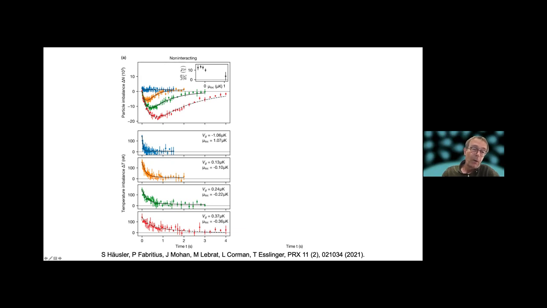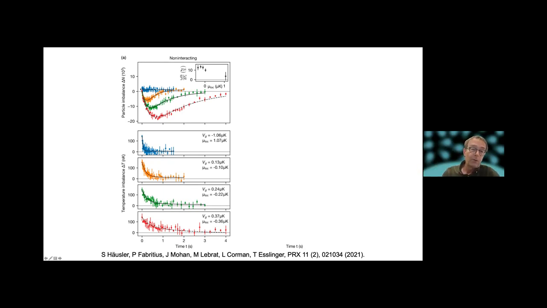And then we also see a strong particle response, a particle flow, and that will be a flow from hot to cold, and then it will equilibrate over time. And when we open up the channel, lowering the gate potential, then we get faster and faster equilibration, and the particle imbalance response gets weaker because it is more compensated.